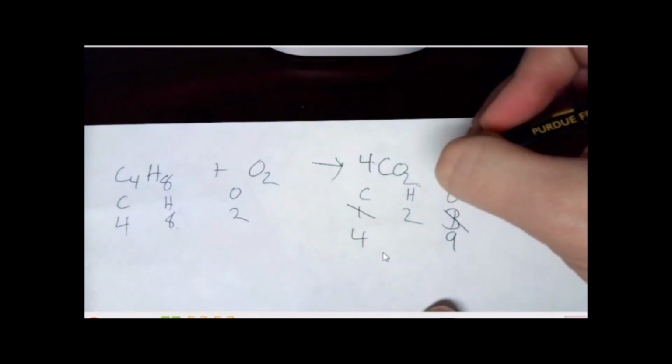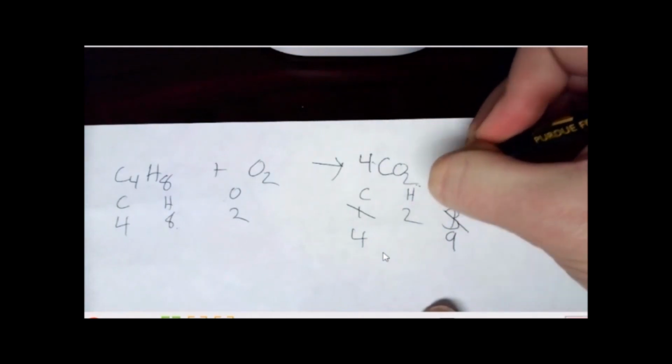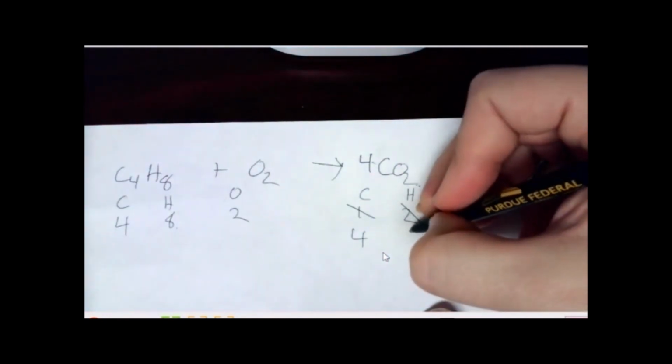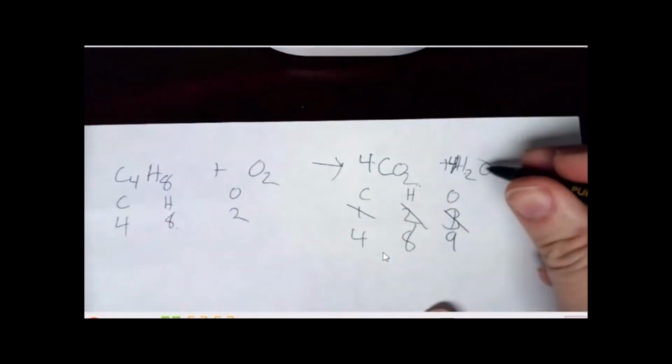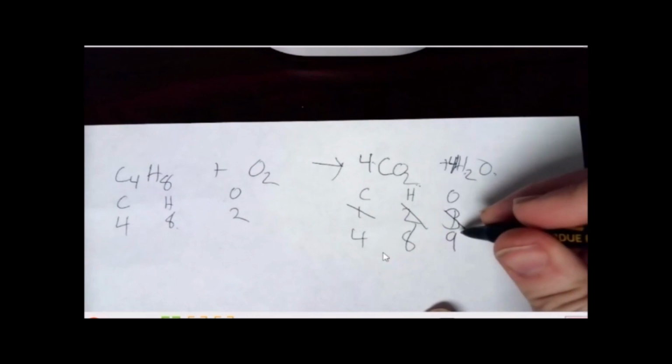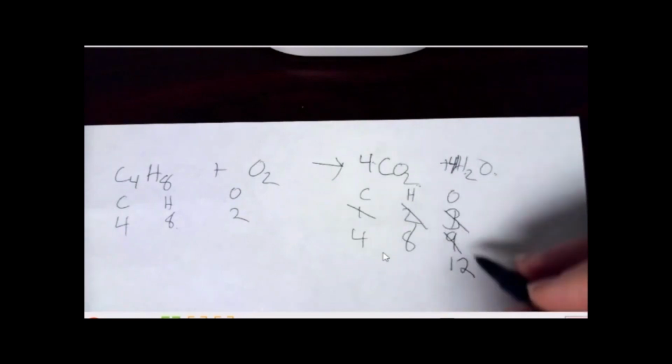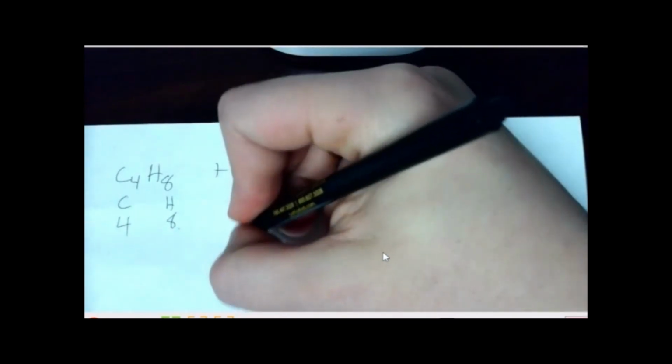This is 2. So I have to multiply by 4. 4 times 2 is 8. 4 plus 8 is 12. So, because that's an even number, you can just put this as 6. 6 times 2 is 12.